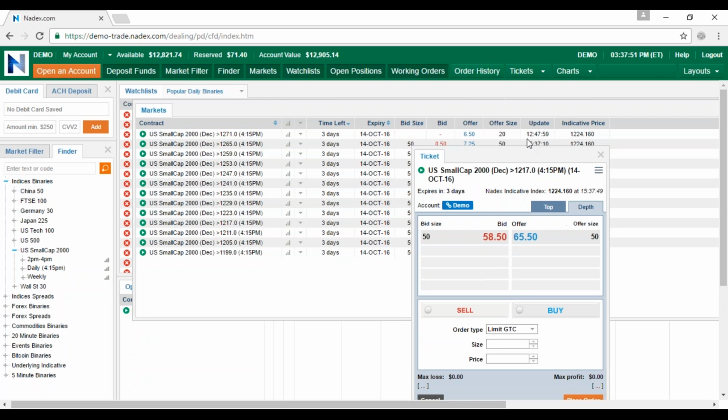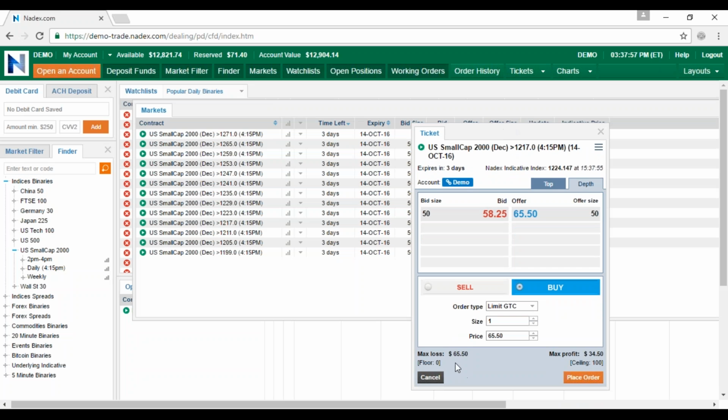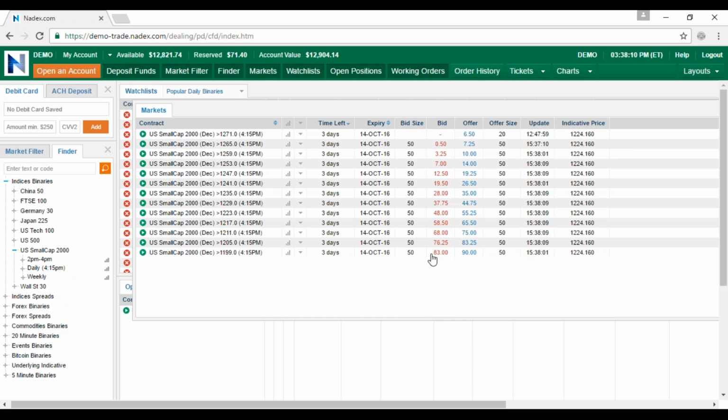Oh man, max loss 65 bucks. Oof, I don't like that. I don't like having to put up 65 bucks. So, oh look, I only have to put up $6.50 on this one. That's my risk. I like that.